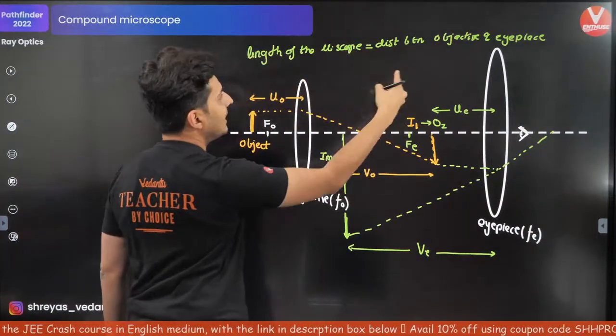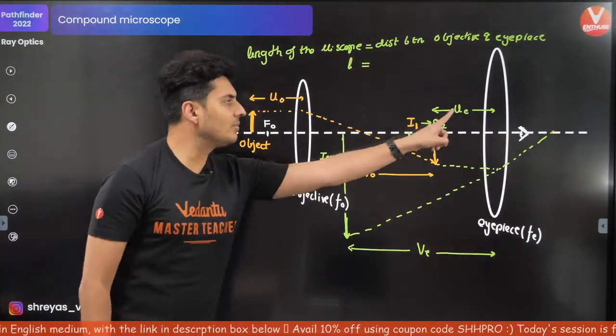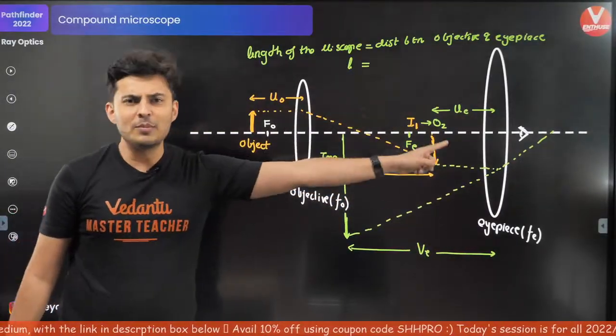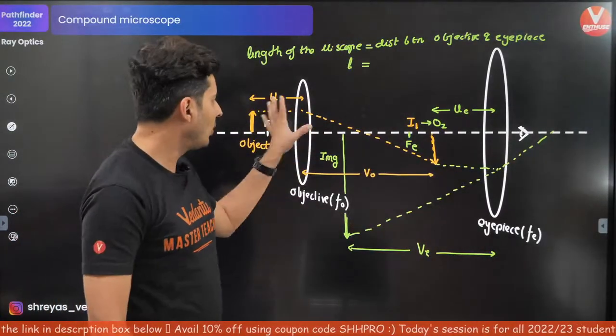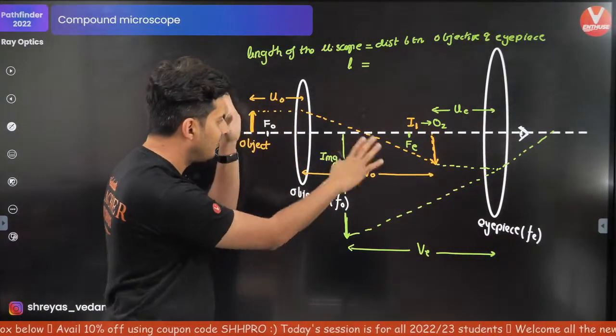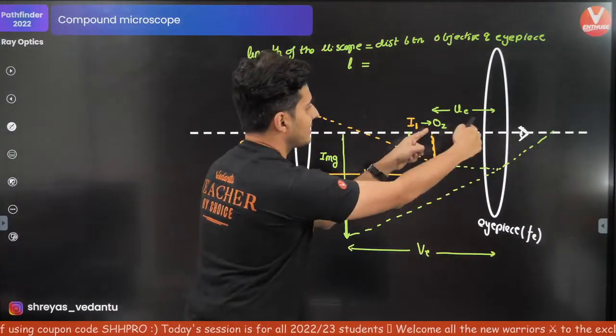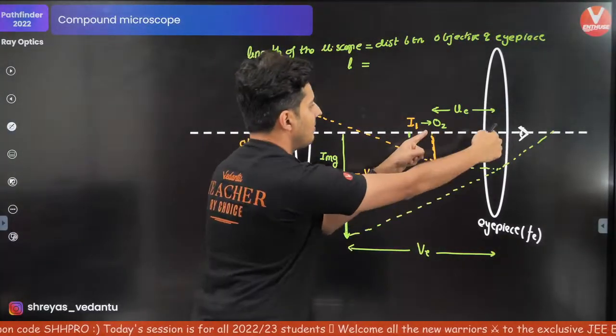So what do you think is the length of that microscope? That L, think carefully in terms of these variables. Observe carefully the distance between this lens and this lens. See if you can fit in some of these variables. I think it is this distance plus this distance, this plus this.